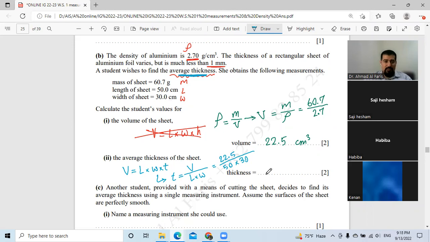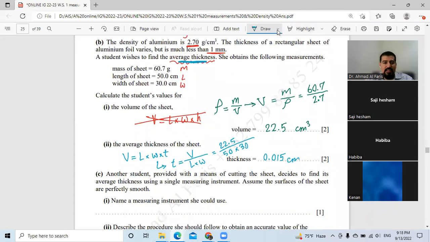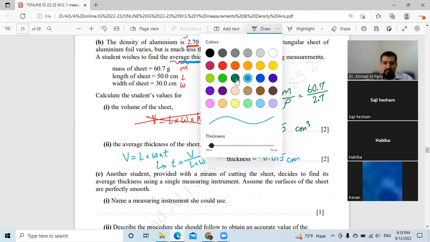And the answer will be how much? 0.015 centimeter. 0.1 centimeter is 1 millimeter. So it's much less than what? 1 millimeter or 0.1 centimeter. Okay? Tamam? Now, this is part B of the question.